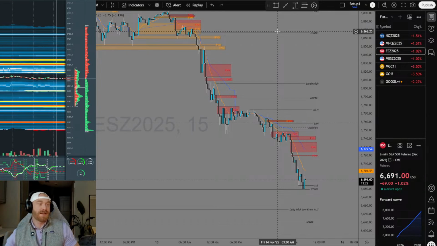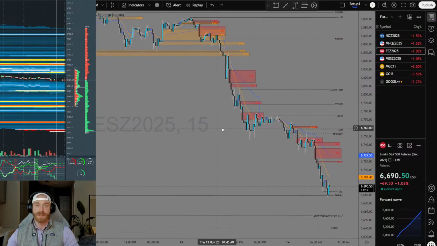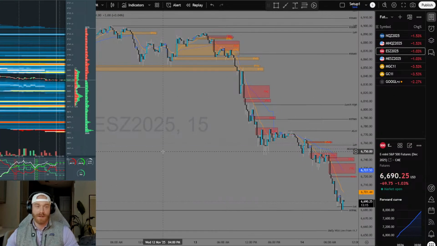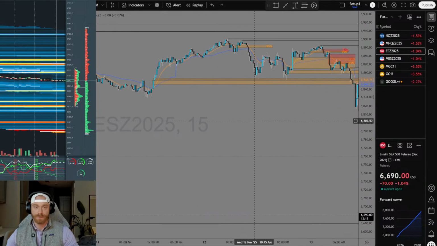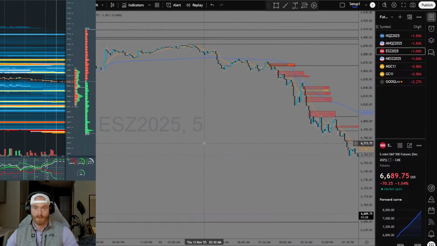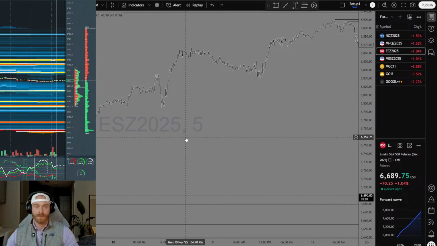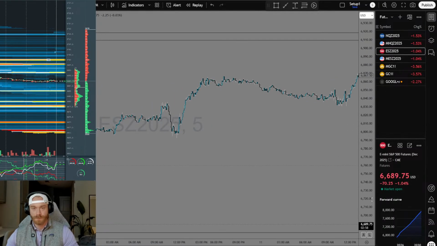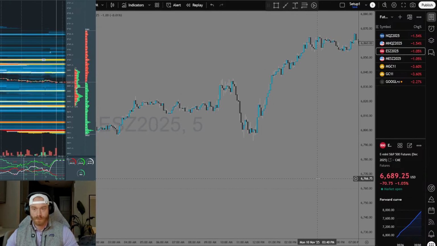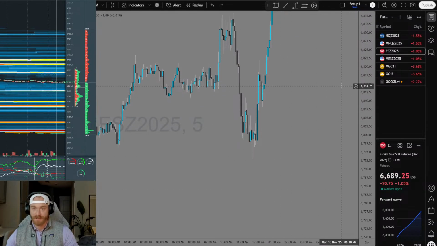Can you explain breaker blocks by chance? I'm having trouble understanding. Yeah, can do that super quick. See if we can find one. This is kind of a breaker block right here.